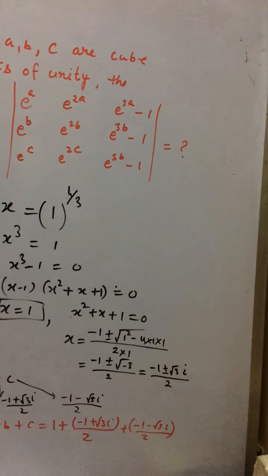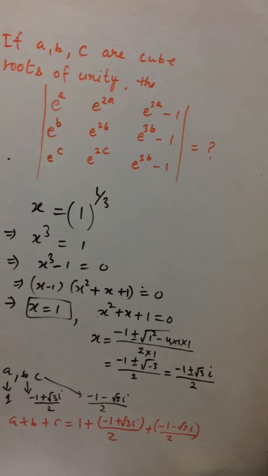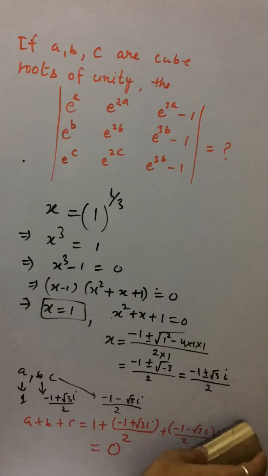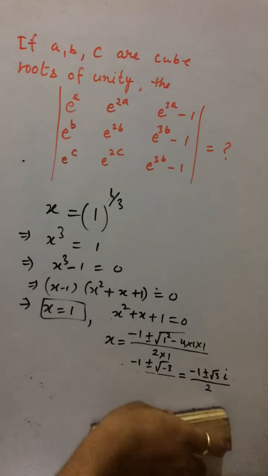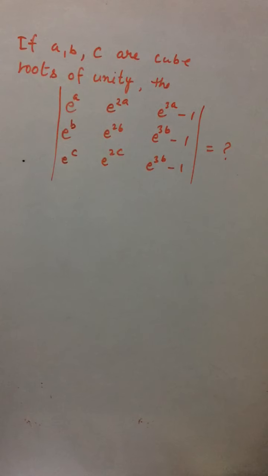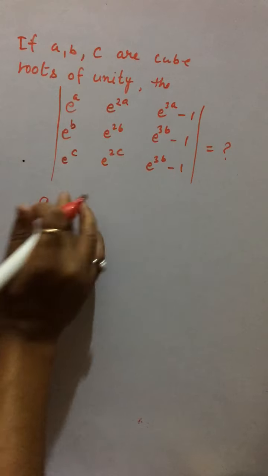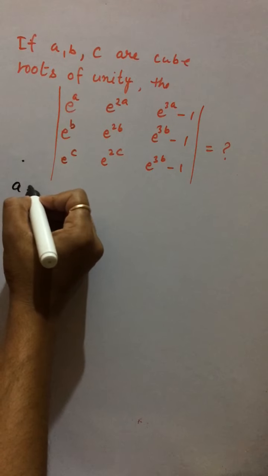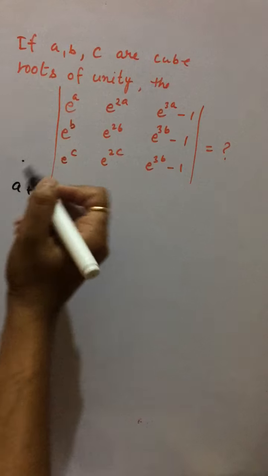So a plus b plus c equals 0. We will use this observation in the question: now a plus b plus c equals 0.